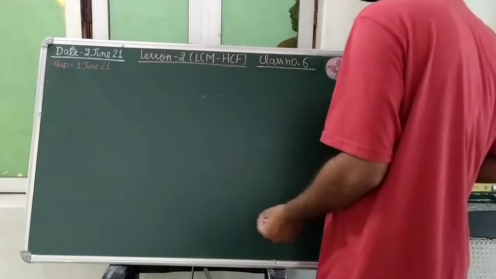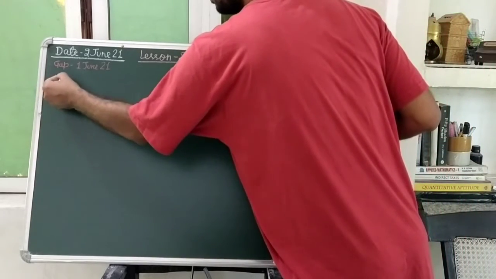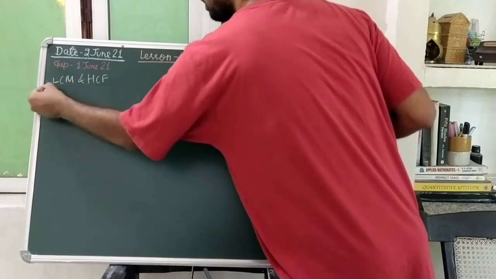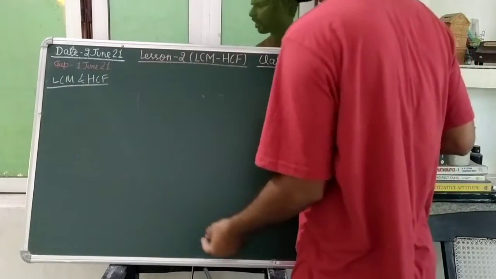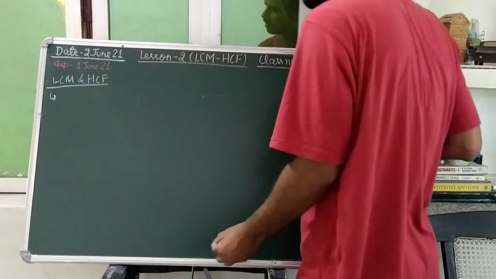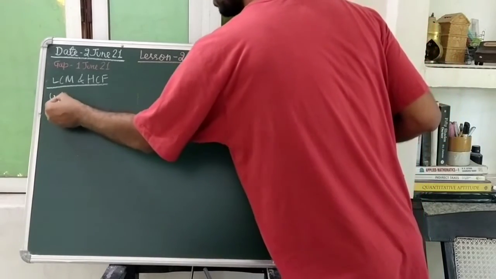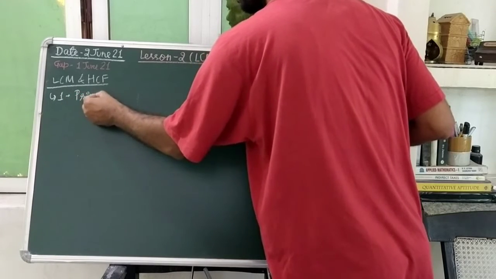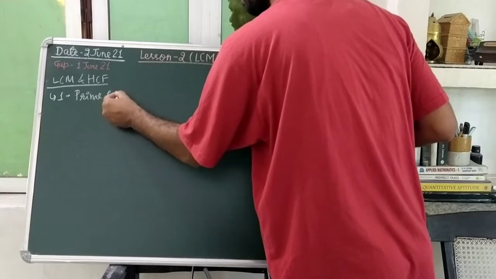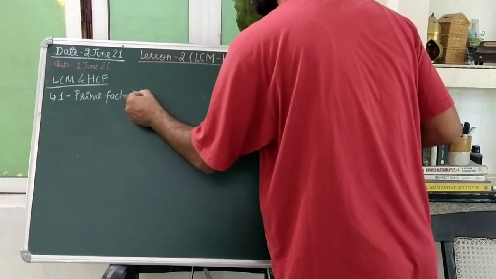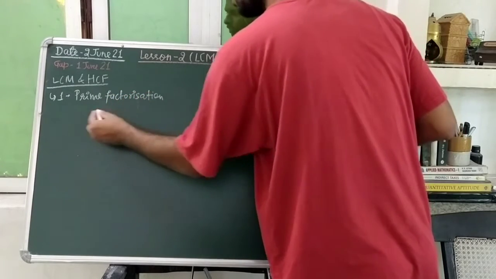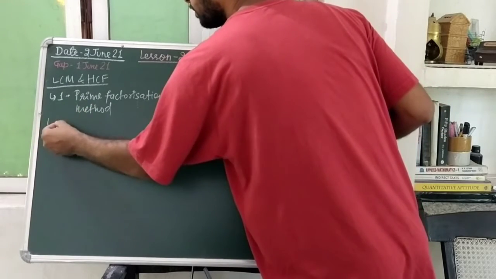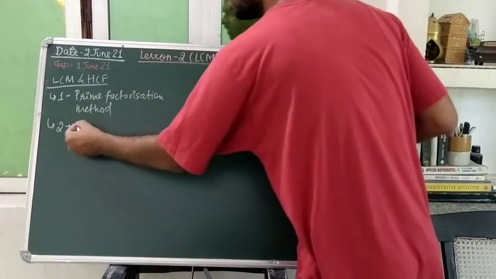So students, we were talking about the LCM and SCF. In the earlier class, we have seen that there are two methods. The first method is the prime factorization method, and the second one is the division method.